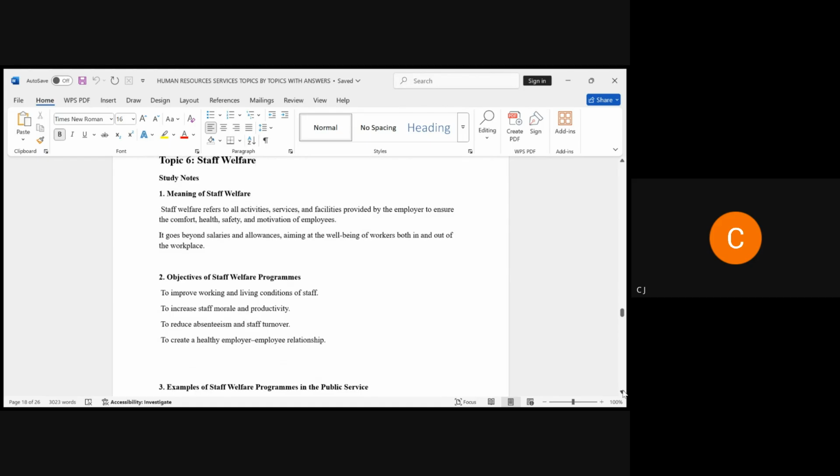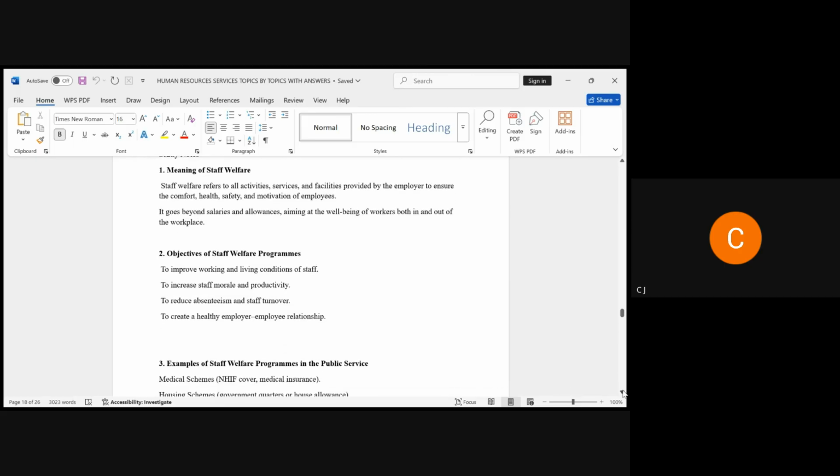3 examples of staff welfare programs in the public service. We have medical scheme. Let us know kwamba NHIF sahi haiko, so ni SHA and medical insurance.